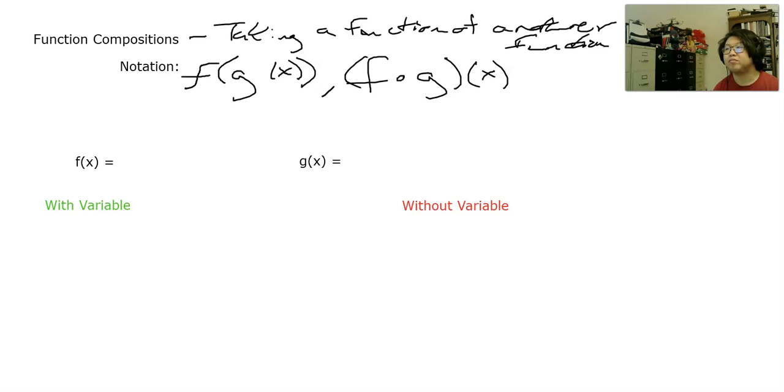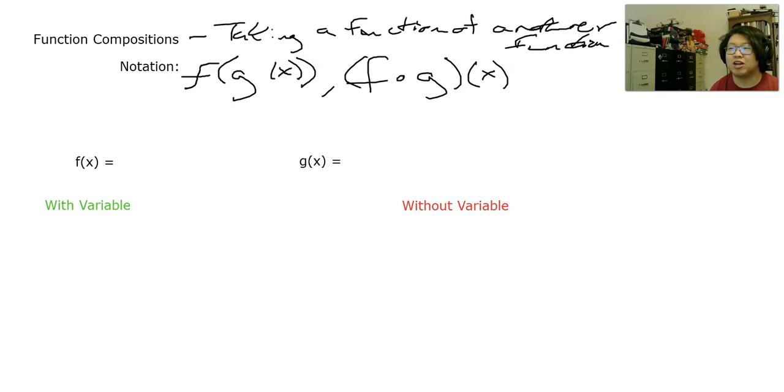So those are the two notations you'll most commonly see. And you read that f of g of x, regardless of whichever notation you use. This one's a little easier to see. f of, with a little symbol, g of x. So those are my two notations I'm going to talk about using in function compositions.